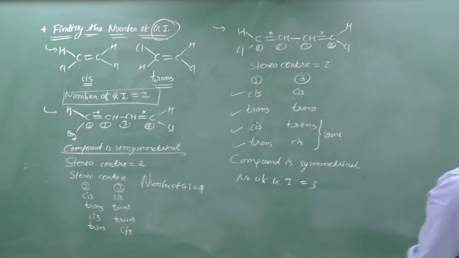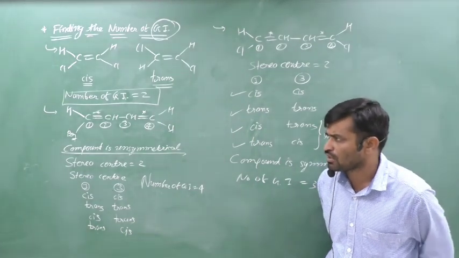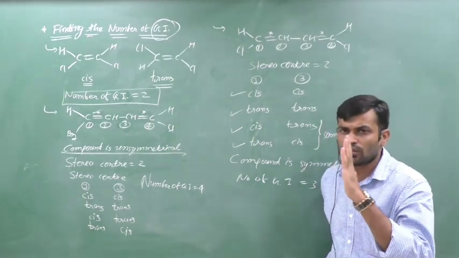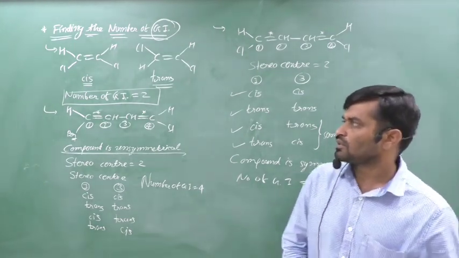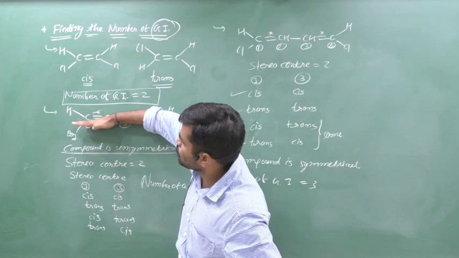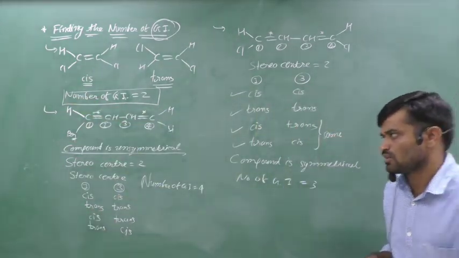If we had a symmetrical compound, we could cut it into two equal halves. Here it is not possible. Thinking about it the other way also does not work, because here H, here Br. Therefore the compound is unsymmetrical.